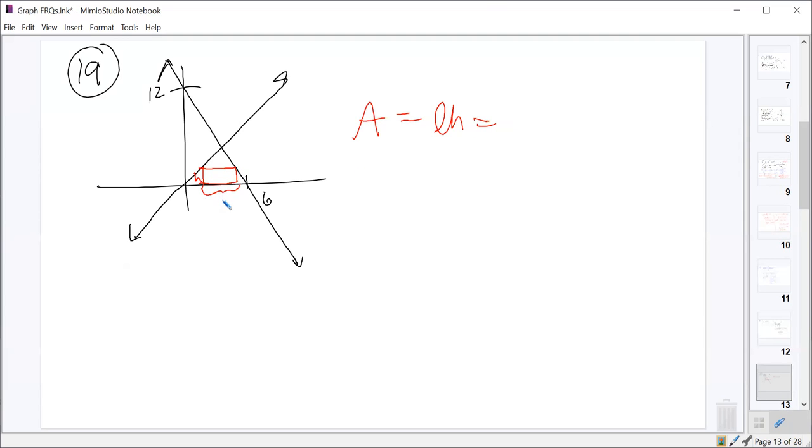Our length in terms of x values should be x sub 2 minus x sub 1, and our height is some y value.